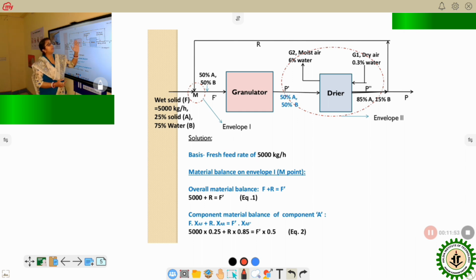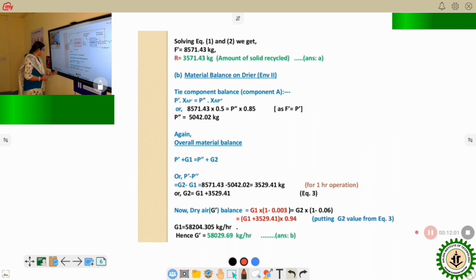If we do only the dry air, that is, the moisture-free air balance, we get the equation G1 into 1 minus 0.003 equals G2 into 1 minus 0.06. 0.38% was the moisture percentage in G1 and 6% moisture was present in G2.